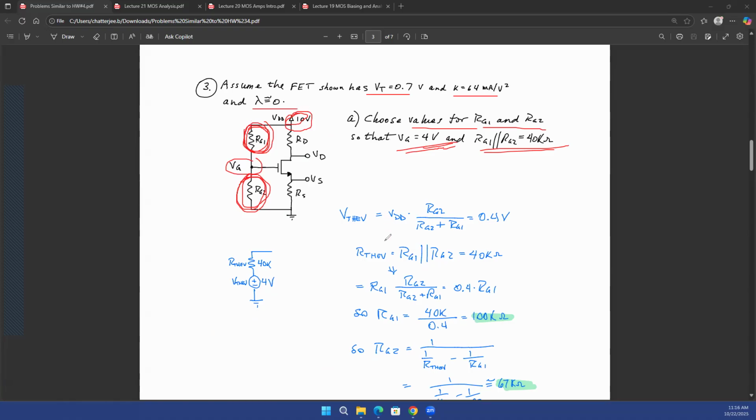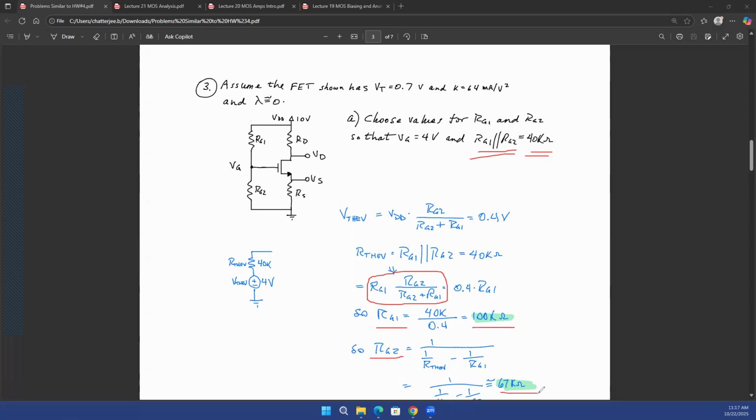So you already know that RG1 and RG2 will be at a ratio of 6:4. And RG1 parallel with RG2 needs to be about 40 kilo ohms. So you can write down the formula for that, which is RG1 times RG2 divided by RG1 plus RG2, that is equal to 40 kilo ohms. And from those two equations, you can solve for RG1 and RG2, and they are 100 kilo ohms and 67 kilo ohms.